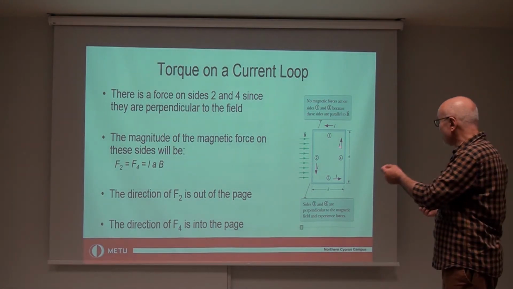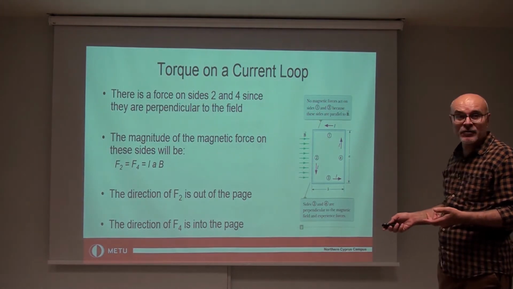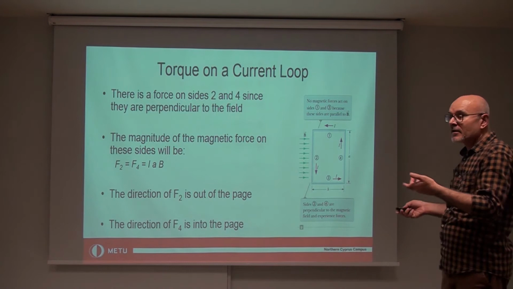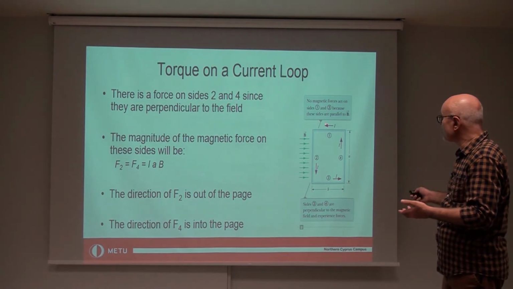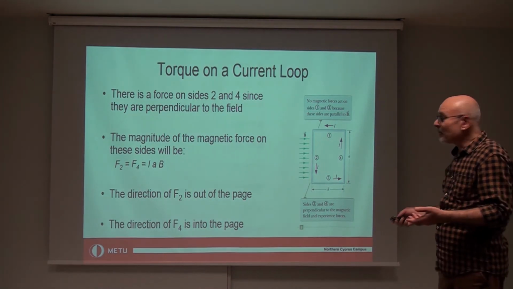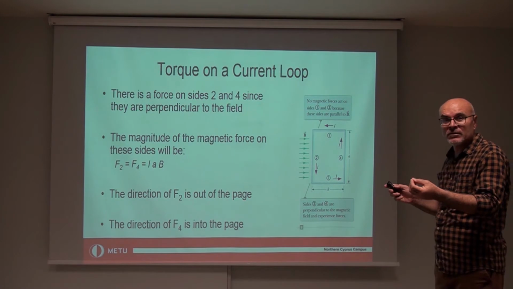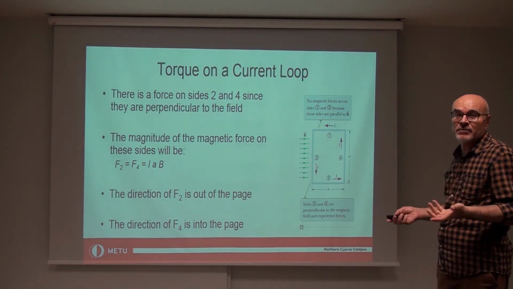These forces are equal and opposite because they have the same magnitude but opposite directions. Of course, in the absence of forces on the upper and lower sides, the net force on this loop is zero. But since these two forces act on different points of the object, the net torque will not be zero.